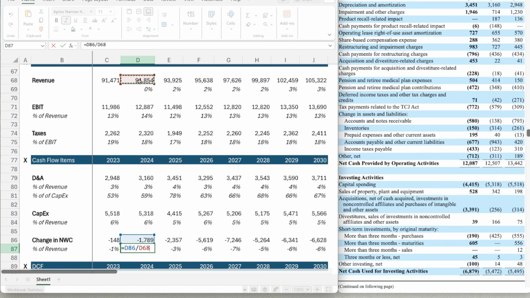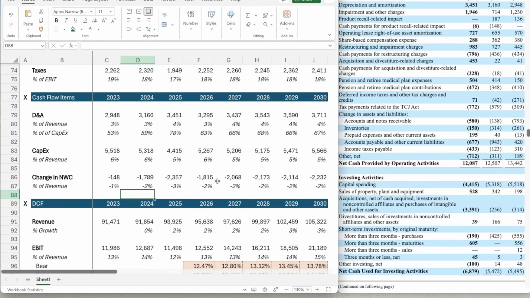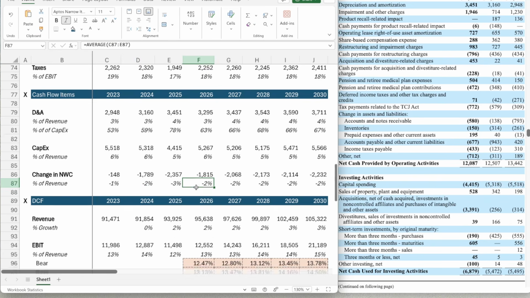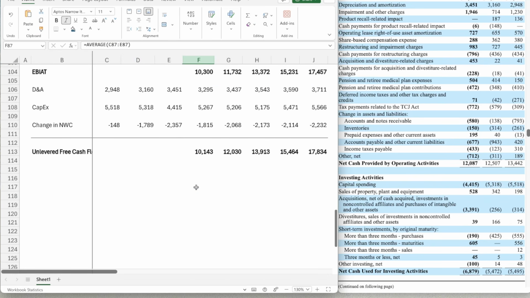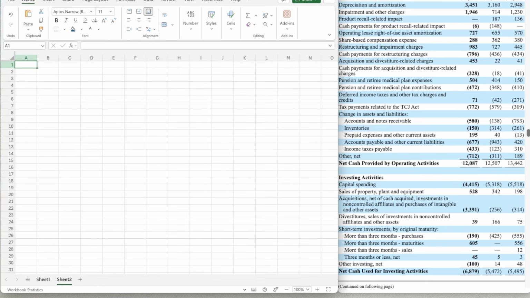It's definitely not 14%. Okay, yeah, this makes more sense now. Yeah, okay, that looks okay. The next step is to find the present value of unlevered free cash flow. And for that, we need to build a WACC. So come on to another sheet.